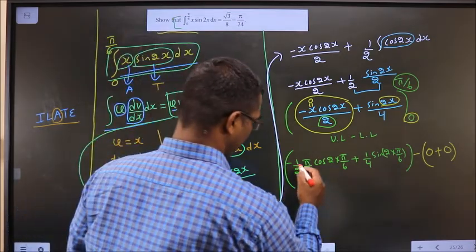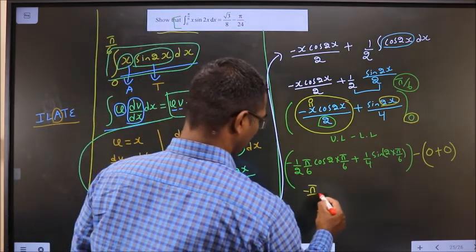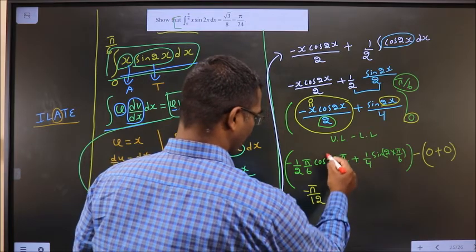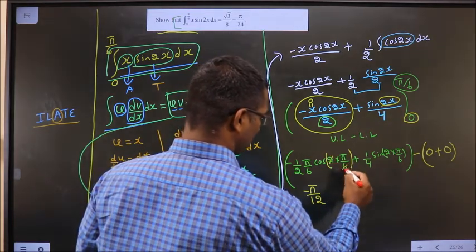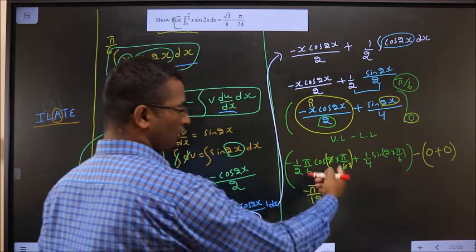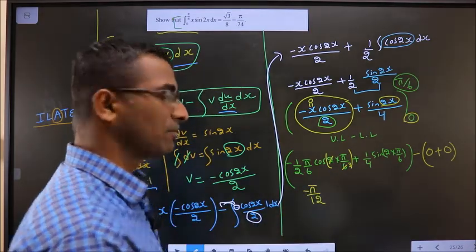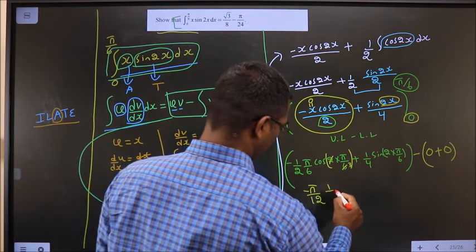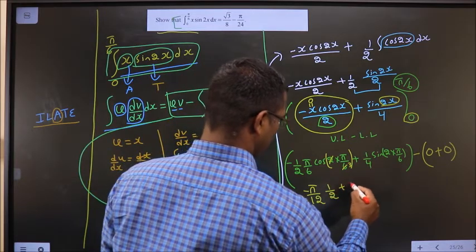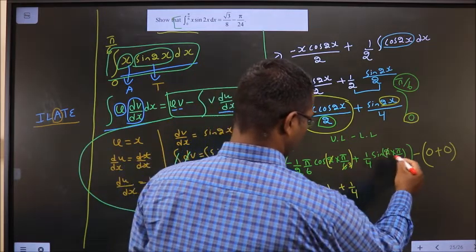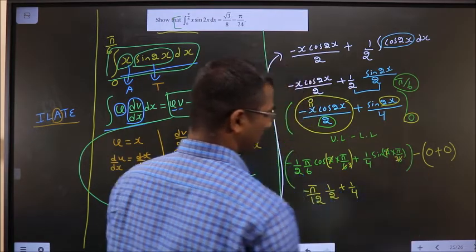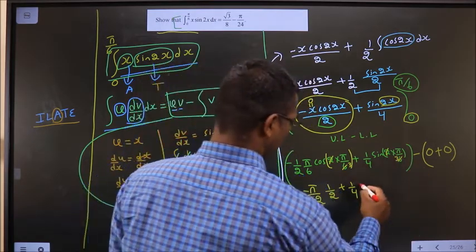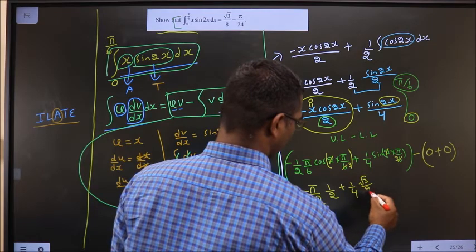So this is minus pi by 2 into 6, 12, and here 2 1s, 2 3s, cos pi by 3. What you get from the calculator is 1 by 2. Plus 1 by 4, 2 1s, 2 3s, sine pi by 3 is root 3 by 2.